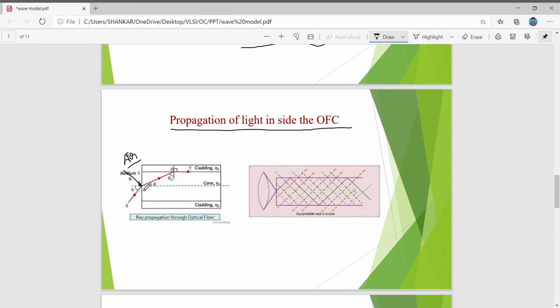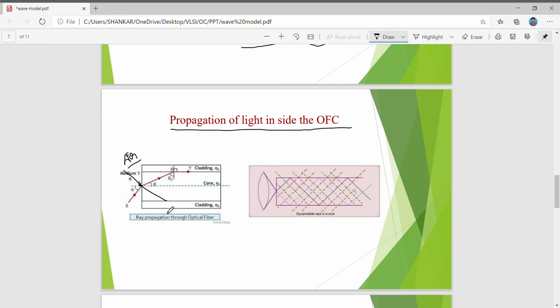This is the core and this is the medium, meaning air. When the signal is incident at the boundary of core and air, this incident signal travels or propagates inside the waveguide.